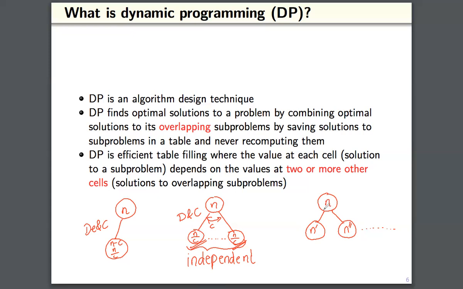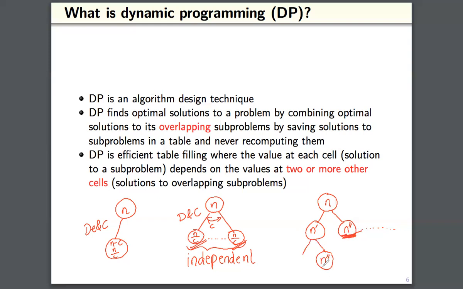So here you break a subproblem into multiple subproblems, and they have overlapping. That means there is some commonality. That means later in this stage, you might hit n double dash again. See, n double dash is encountered here.